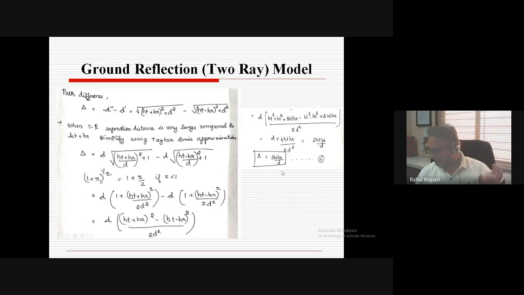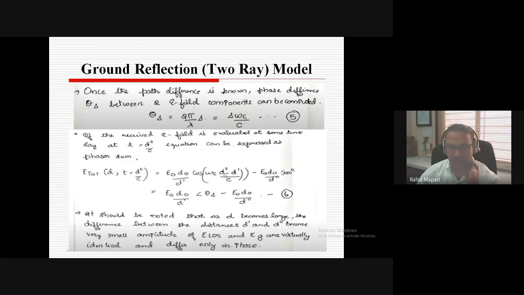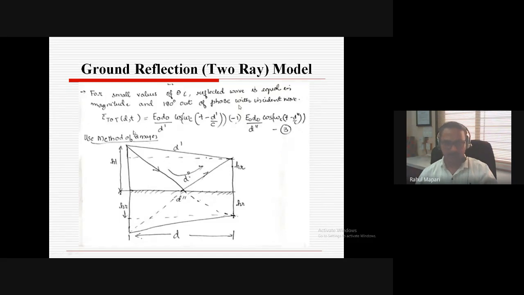Keep in mind. Okay. Now here, we know the total electric field, this equation. Total electric field is the addition of the electric field of line of sight and the electric field of the reflected signal. And here we can see the total electric field, or any kind of electric field, is a function of distance and time.